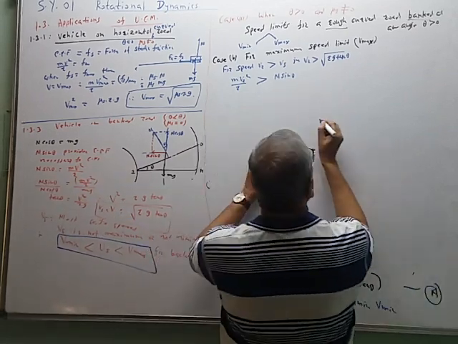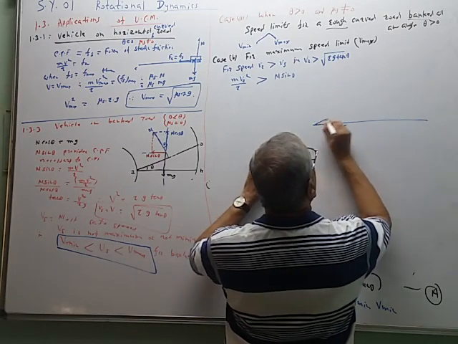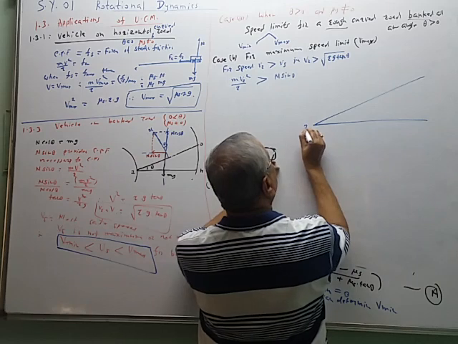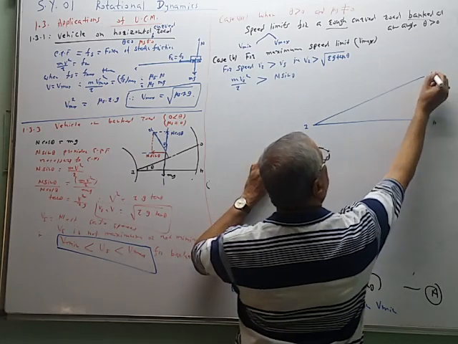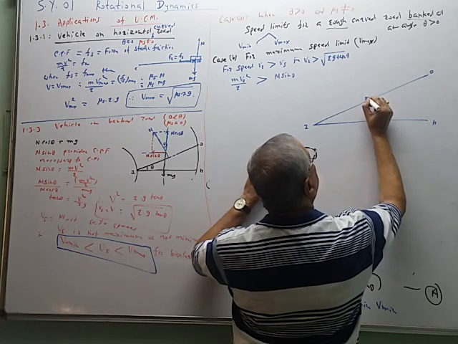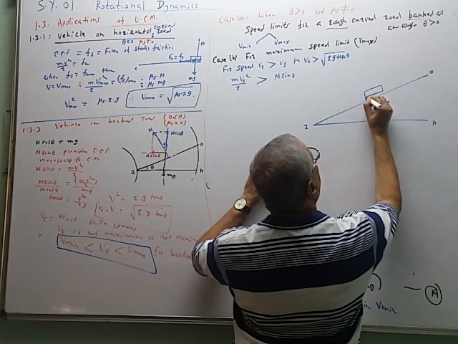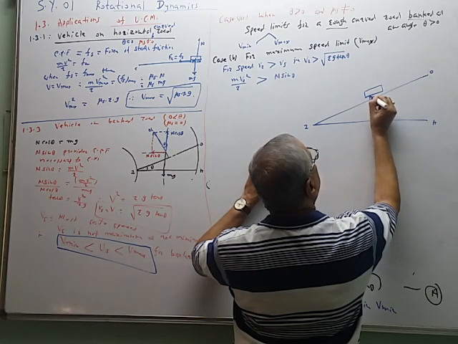And therefore, what will happen if this is the road inclined at an angle theta? I inner edge is horizontal, O is the outer level, like this. This is the vehicle. These are the tires.